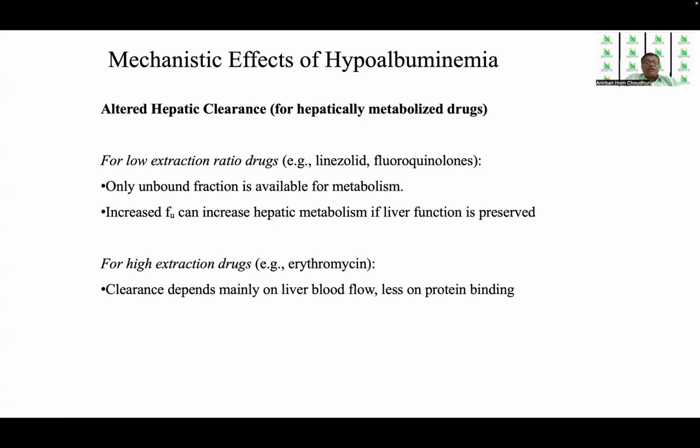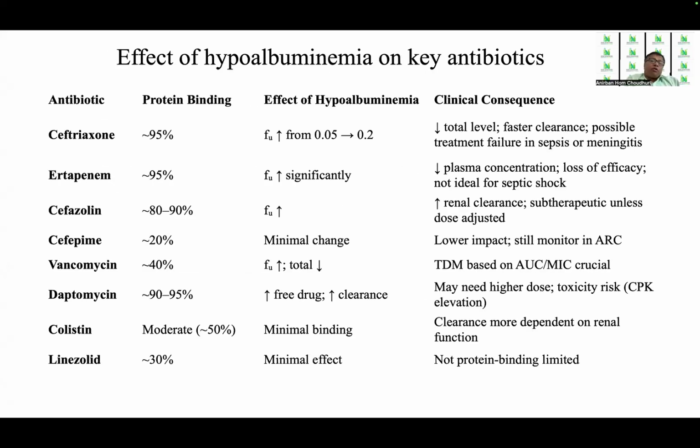In the category with low extraction ratio drugs, only the unbound fraction is available for metabolism, so an increased unbound fraction can increase hepatic metabolism if the liver function is preserved. For high extraction drugs like erythromycin, clearance depends mainly on liver blood flow and less on protein binding. So this remains unchanged.